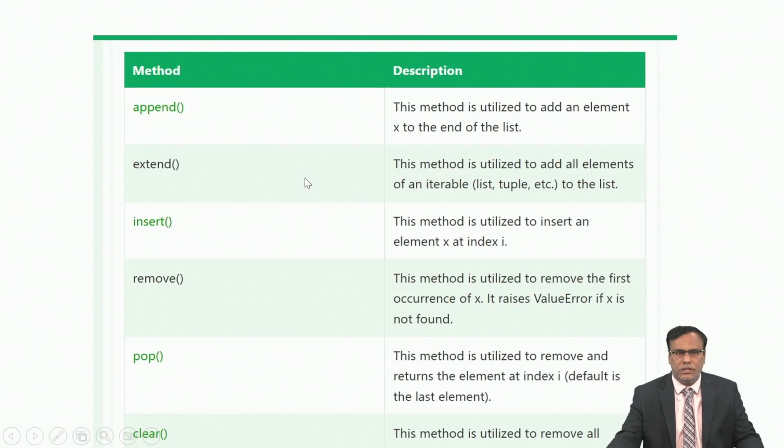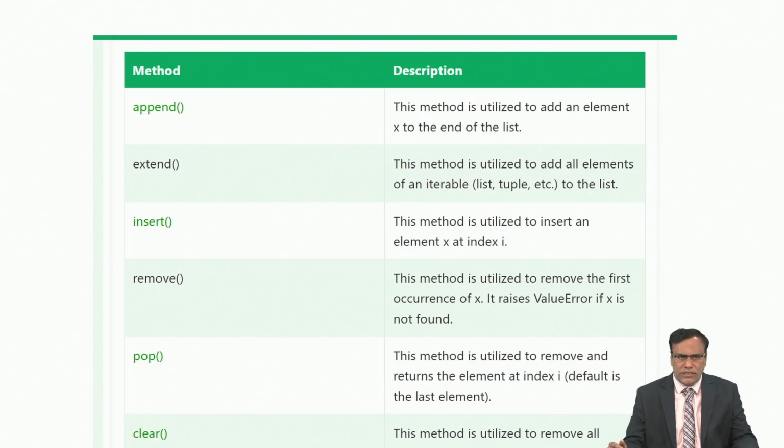Coming to this, these are the list methods that we are going to discuss. Of course, some of the methods are covered in the previous video. Apart from that, the other methods available in lists we are going to discuss in today's session.